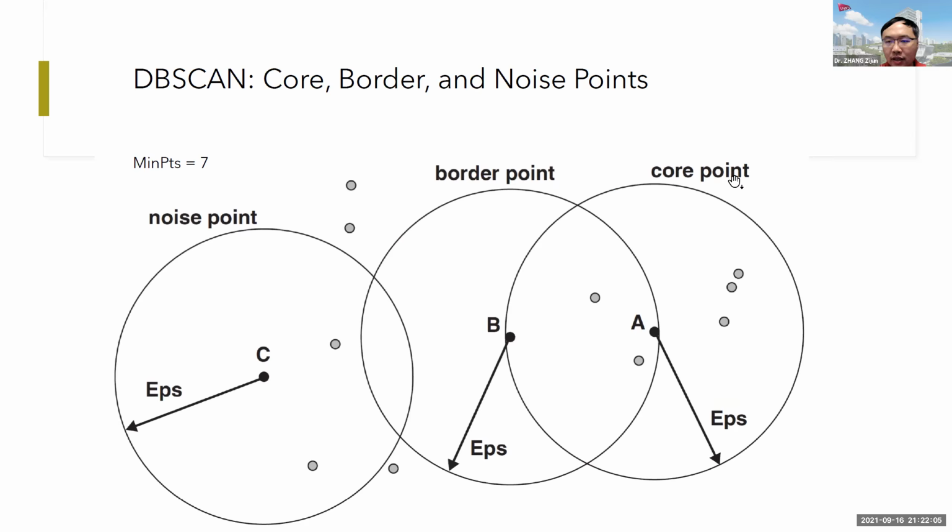How many points are included? 1, 2, 3, 4, 5, 6, 7. So 7 points are included, so A is a core point, because this space includes 7 points.